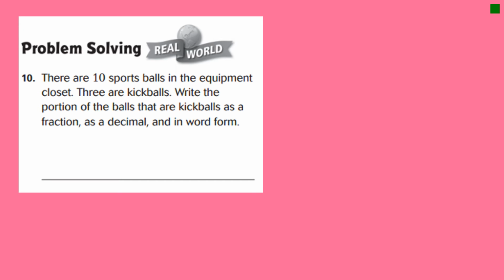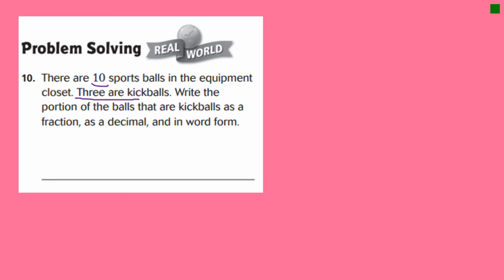All right, so down at the bottom of the page, problem solving. There are 10 sports balls in the equipment closet. 3 are kickballs. Write the portion of the balls that are kickballs as a fraction, as a decimal, and in word form. Ooh, 3 different answers for this one. All right, so let's reread this. There are 10 sports balls in the equipment closet.